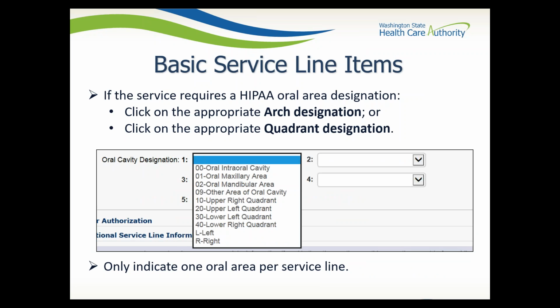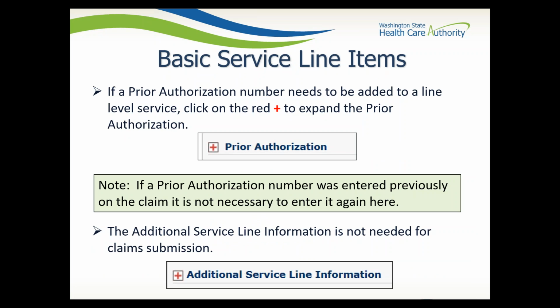If the procedure you are billing requires a quad or arch designation, you would enter it here using the drop-down boxes. If the authorization number for the procedure being entered is different than the one listed at the claim level or header area, click the red plus to expand the prior authorization area and enter that number here.